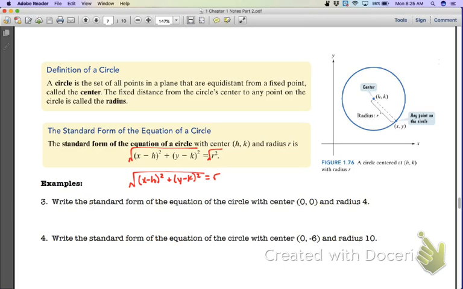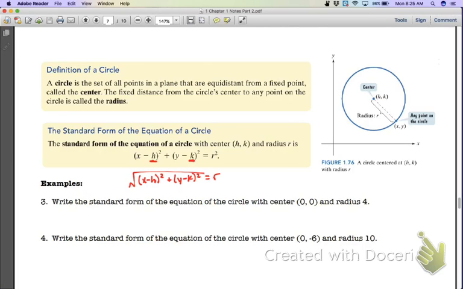With the equation of a standard circle, what you should have seen a lot last year in Algebra 2 is an H and a K, where the center is H and K. So if it's a minus, it's going to be your opposite value.